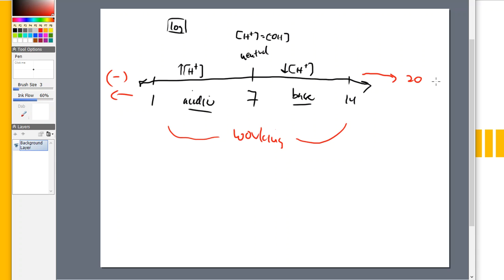No one says that you can't. So pH does go lower than 1, and pH does go higher than 14. It just so happens, though, that the working range that we see most often in a laboratory environment goes from 1 to 14, and that's the reason that they focus on that part of the scale the most.